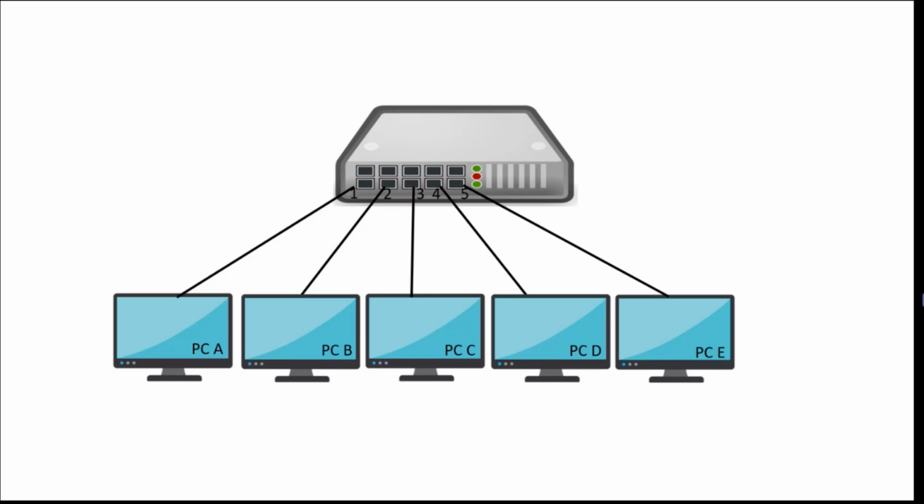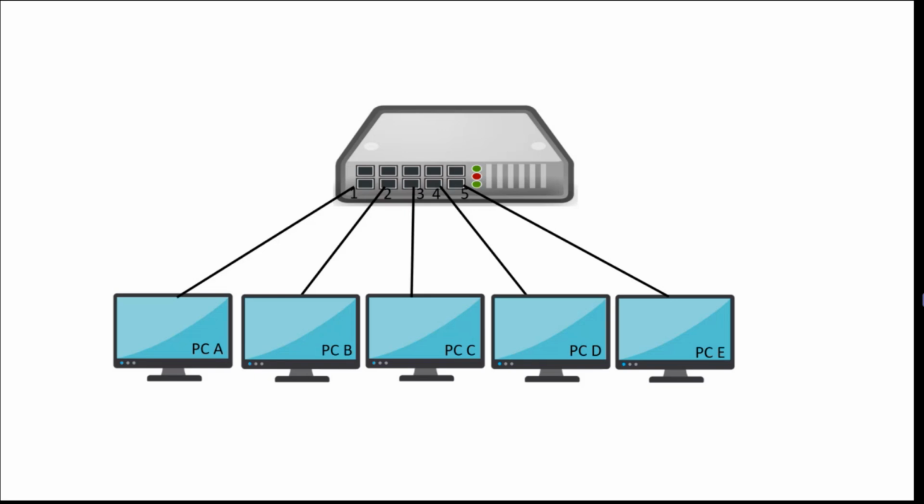The switch will not forward this frame to any other port except the destination port. This process is known as the filtering process. This process of sending the frame to the destination port and filtering on all other ports is known as the forward and filtering process. Now let's understand this concept with an example.